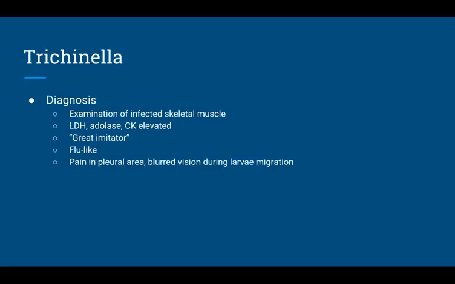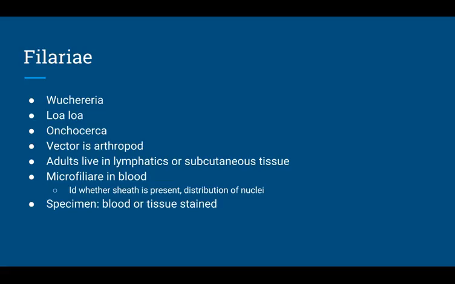This has been called the great imitator because it looks like the flu and all kinds of other illnesses, and it's just hard to diagnose. The patients will have pain in the pleural area whenever the worm is traveling, and there's no treatment. They just treat the symptoms. And we're going to stop right there and continue with filariasis.